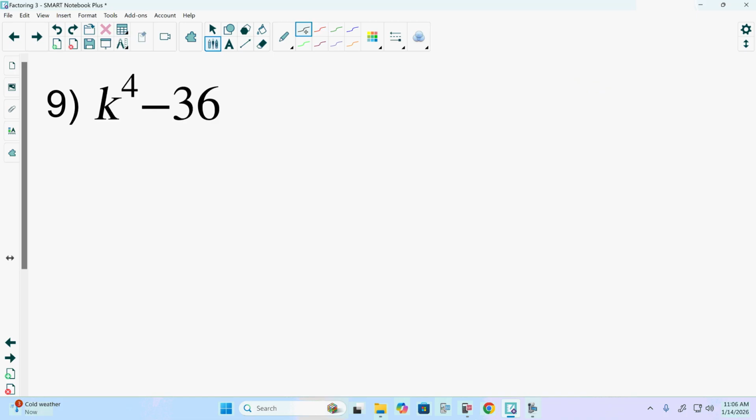So if we look at k to the fourth minus 36, as we just said with x to the fourth, I could rewrite k to the fourth as k squared squared. If 36 is a perfect square, it would be, we're good? 6.